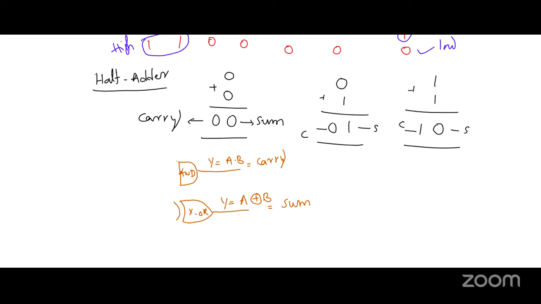This is the AND gate. And okay. So we have two inputs.